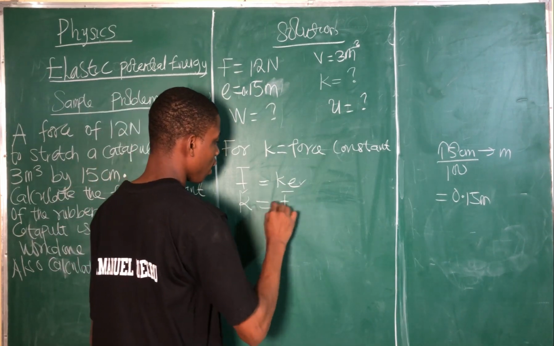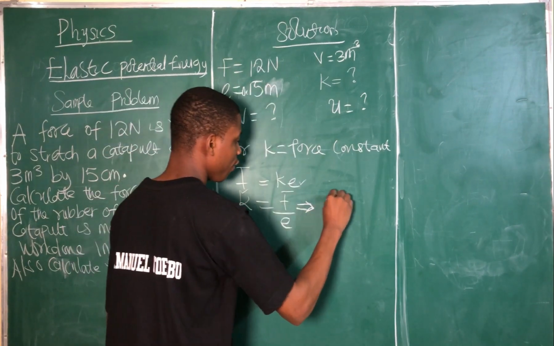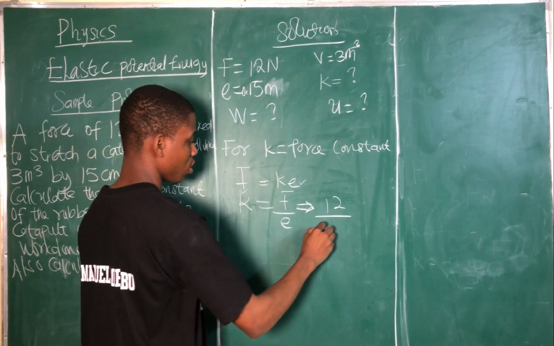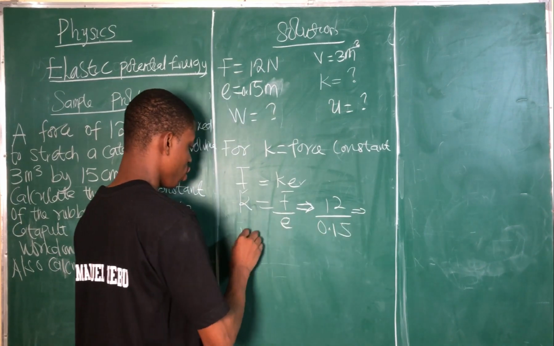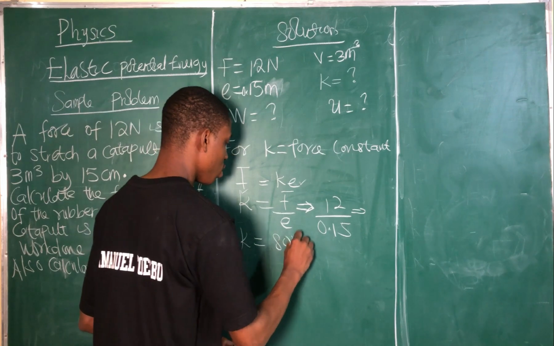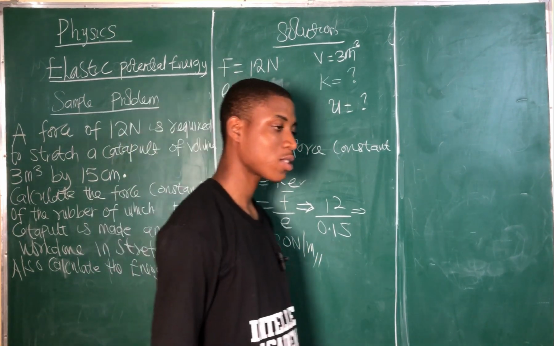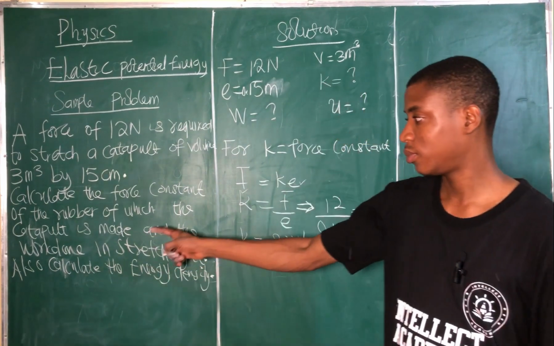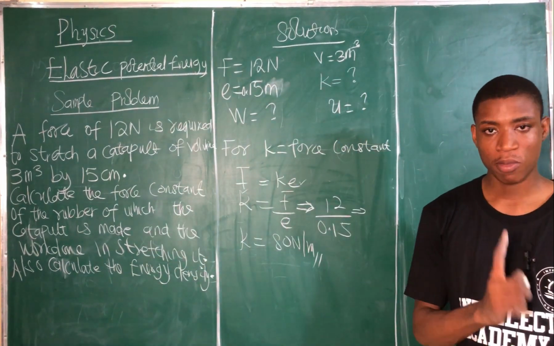We have F over e, and our force is 12, and the extension is 0.15. So when we punch this, we have 80 Newton per meter. So therefore, this is the force constant of the rubber of which the catapult is made.